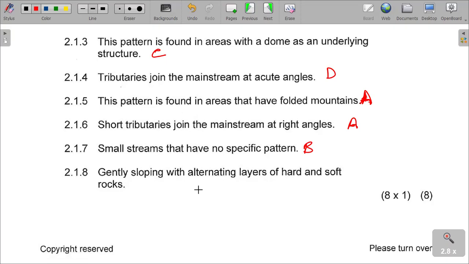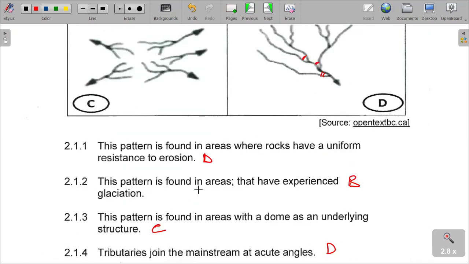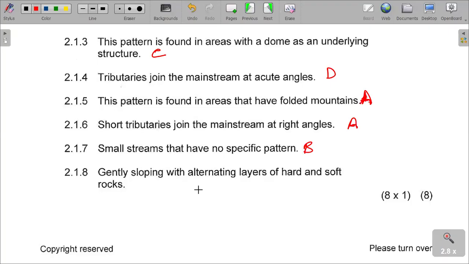Which one is that? You can see where the main streams are parallel to each other, and that is found in A. A can give us that drainage pattern.